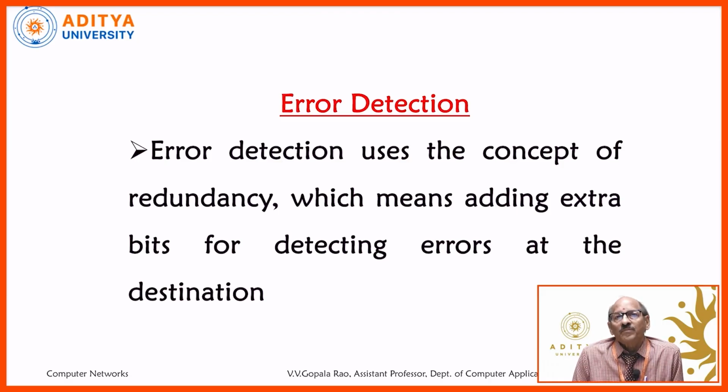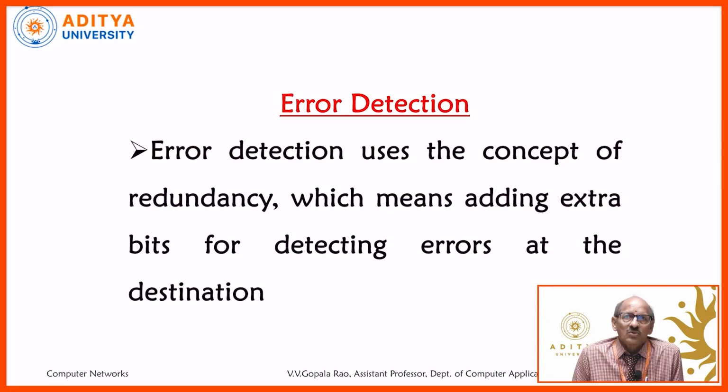You carry the miscommunication, so that it reveals some information which was not actually sent by the sender. So what we have to do is first follow a procedure or a technique by which you should at least be able to detect whether an error has occurred or not. That process is called the error detection process.